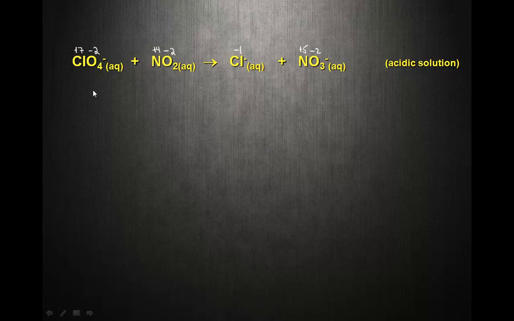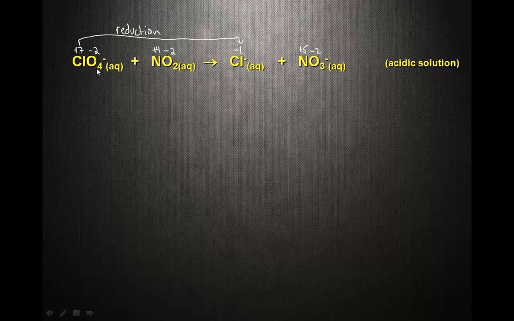Okay, now what we're going to do this time is identify again where the oxidation and reduction is. So we look at Cl on the reactant side and we look at Cl on the product side, and we notice that the number has gone from plus 7 to minus 1. So let's just label that, we're going to call that the reduction.